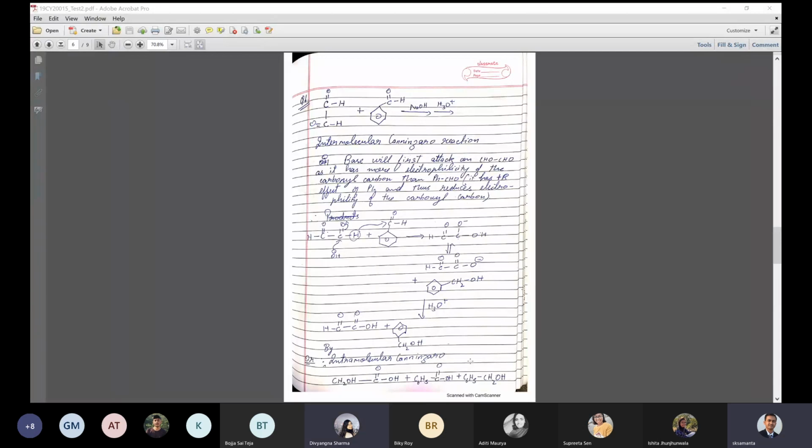Sir, I wanted to ask that in such kinds of questions where there are multiple possibilities, we have to mention all of them, right? Yes. If you see at the bottom, I have also mentioned the two products that are made by the phenyl one. So that is also one possibility.